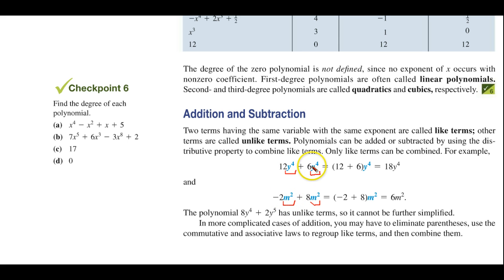Here they're the same sign, so it just becomes 18 y to the 4th. Here this 2 is a negative 2, so you get a negative 2 plus 8 gives you a positive 6 m squared. Again, the variable portion does not change as you do the addition or subtraction.